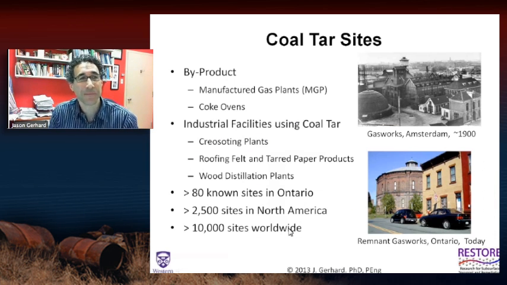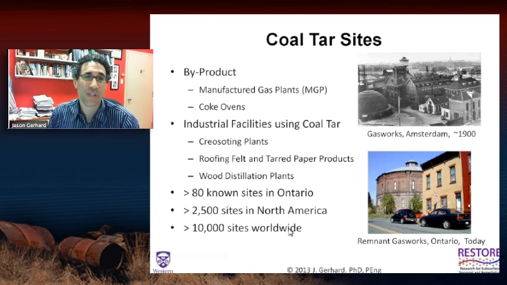And where does that happen? Well, coal tar sites can be found in almost every industrialized city in the world. Between the late 1800s and the mid-1900s, let's say 1880 to 1950, before we had natural gas, we generated gas from coal.